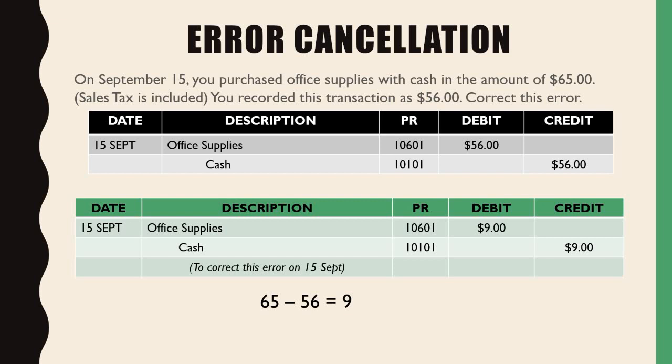Okay, I'm going to debit my cash for $9 and I'm going to credit my office supplies by $9. Right there, you're saying that you purchased less than $56 of office supplies. In fact, you actually gained more money out of it instead of the reverse. So that's the danger of using the error cancellation, if you're really not truly understanding the transaction at hand, you're better off using the reverse and re-entry.